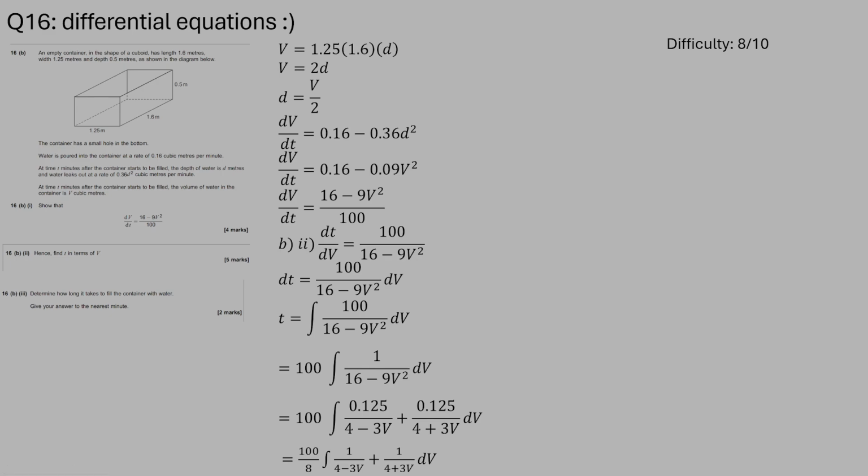Next we use the standard result, and put this into the formula. The first fraction turns into negative 1/3 ln of the absolute value of 4 minus 3v, and the second fraction turns into the same, but with 4 plus 3v. And then we have the plus c at the end.